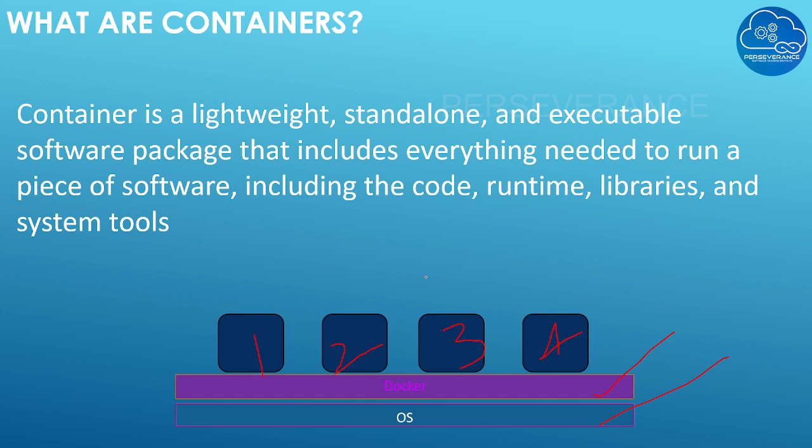They are standalone, executable software packages. Containers will not have anything other than the software you need, meaning the code, the runtime, libraries, and system tools. I can simply say it includes your application, meaning code.